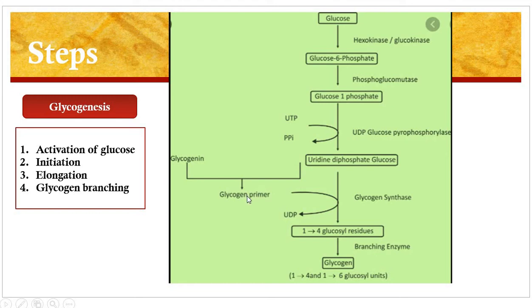This glycogen primer in the presence of glycogen synthase will form a 1,4-glucosyl residue chain, which is up to 11 to 12 glucose molecules long, and UDP helps to elongate the chain by successive addition of glucose molecules. So we get a single chain of glucose, and the step is known as the initiation step.